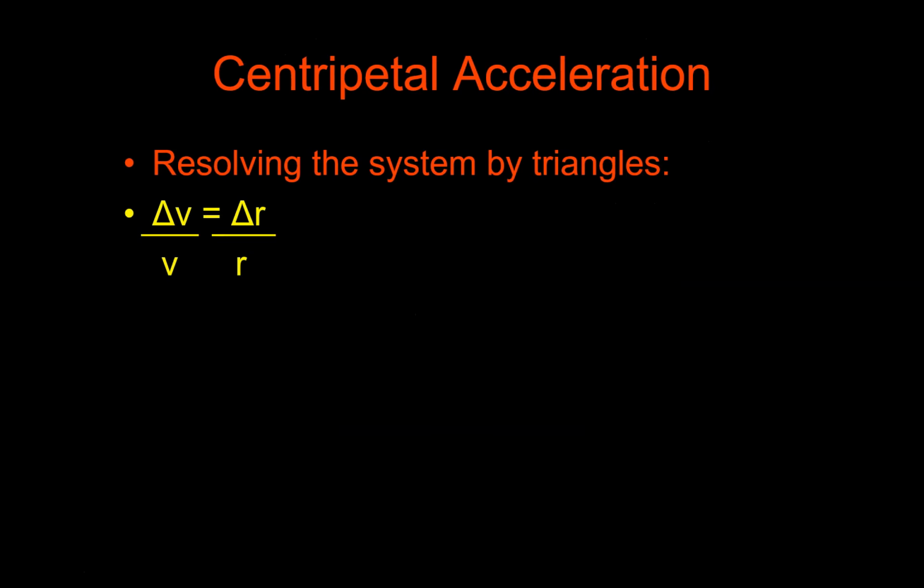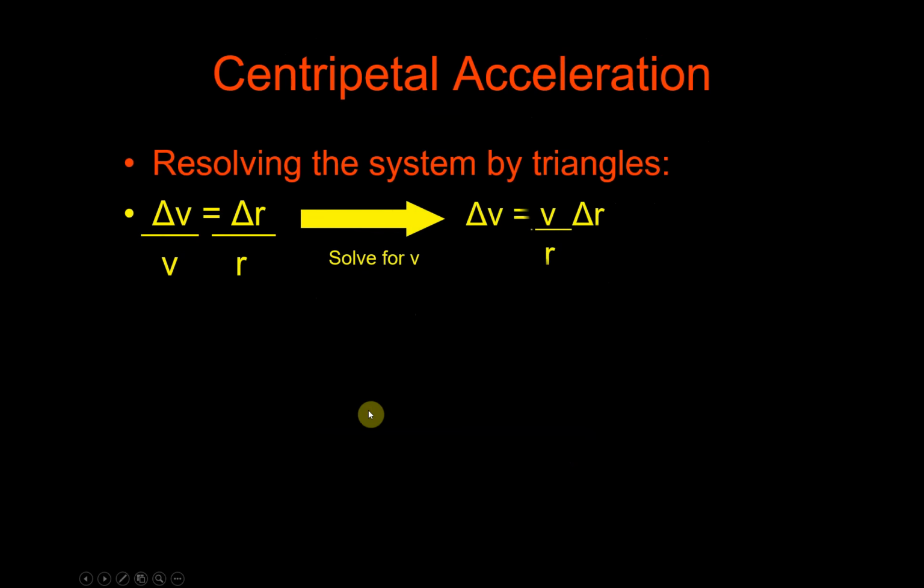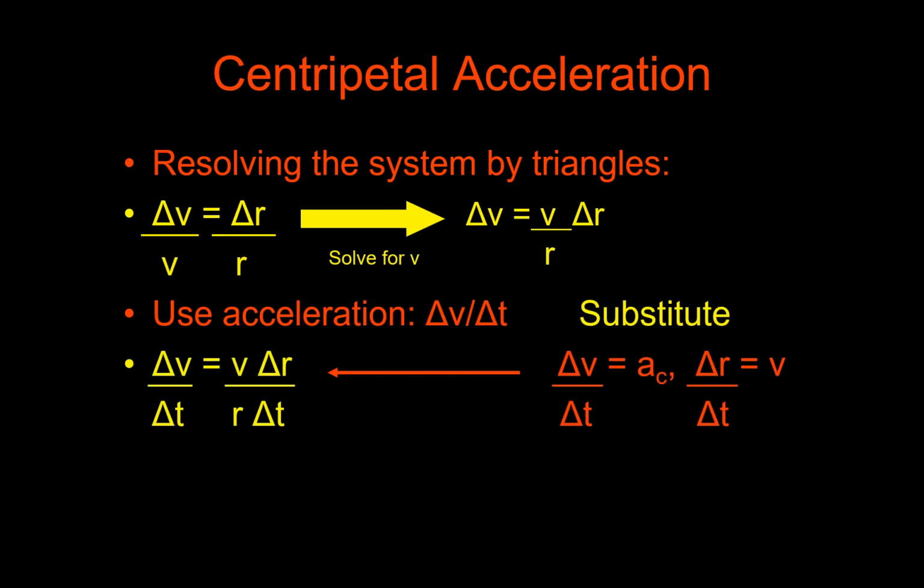We can resolve that system by triangles, of course, and say here we'll have a change in velocity over v. That's going to be delta r over r. If we solve for delta v, we can say delta v is v over r times the change in the radius here. Using acceleration, delta v over delta t, we can substitute in, and we can say delta v over delta t is acceleration.